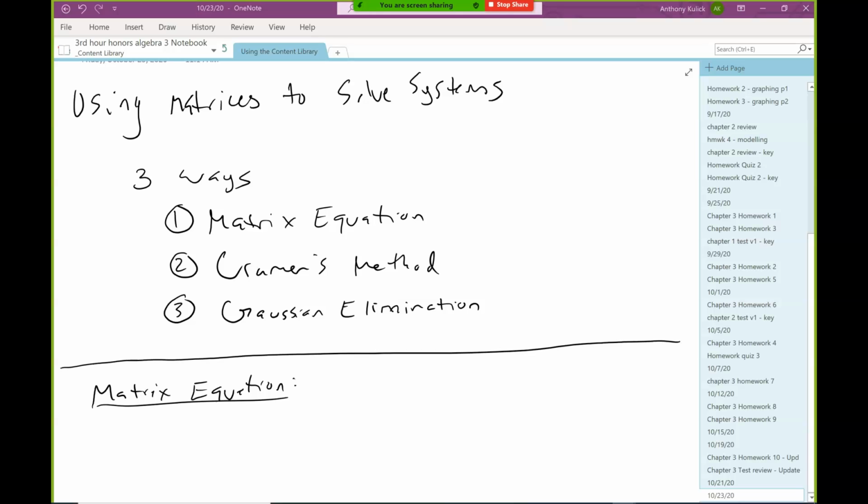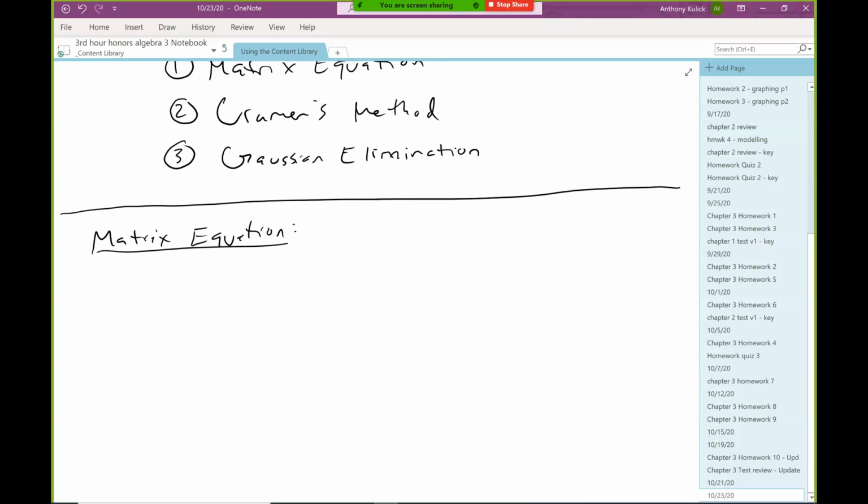All right, so let's just kind of look at an example here for a matrix equation situation. We'll talk about kind of how to do this and some of the finer points, but we'll do it kind of in the midst of doing an actual example problem. Okay?